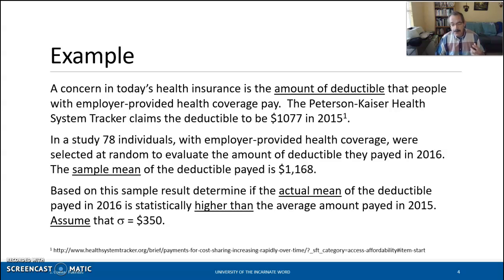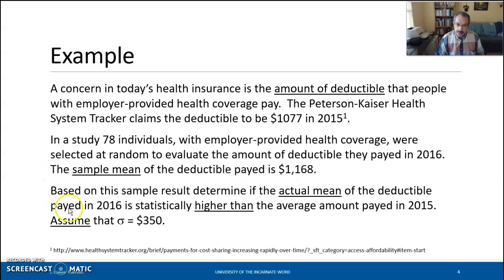And here the sample mean, or the average of what those 78 individuals responded they paid in deductible in 2016, is 1,168.